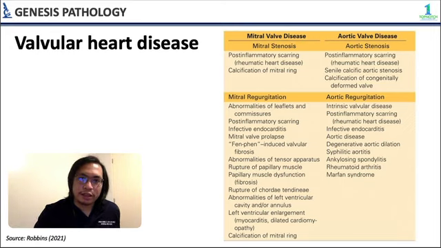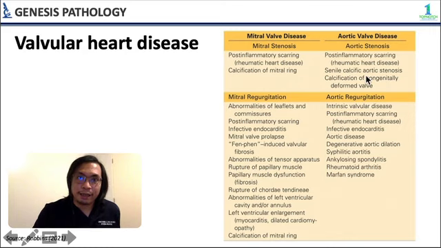Mitral stenosis usually can be from post-inflammatory scarring from your rheumatic heart disease. Rheumatic heart disease can also cause your aortic stenosis, no? Dito rin, no? Calcification of the mitral ring, pwedeng senile, pwedeng dahil sa pagtanda, no? Aortic stenosis, definitely senile, can cause your senile calcific aortic stenosis, no?